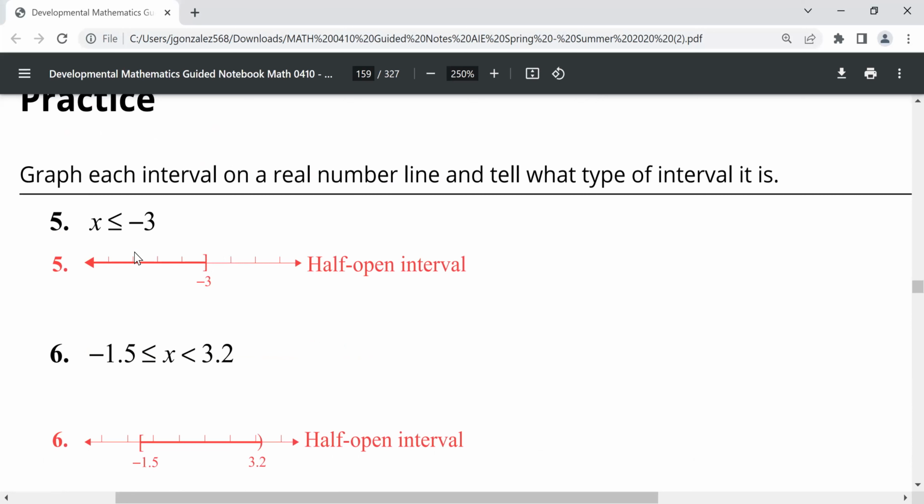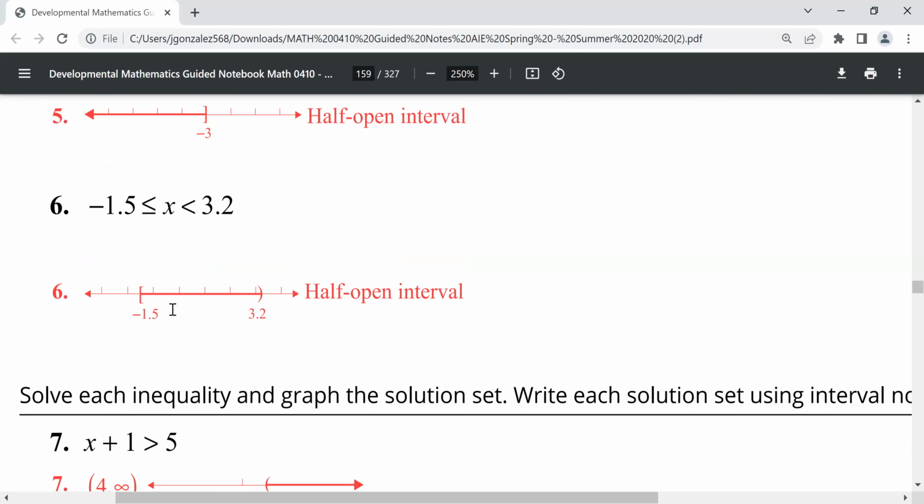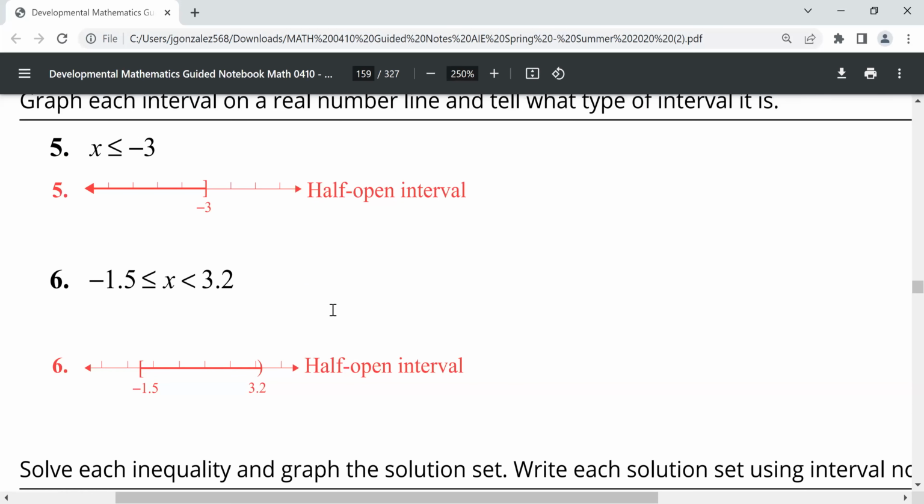So you'll be solving these, but when you get to this point, just make sure you remember what this means. Where does the arrow go? If they were both open, then that would be completely open, not half open. If they were both closed, then it would be closed. You wouldn't say half open. All right. Making sense?